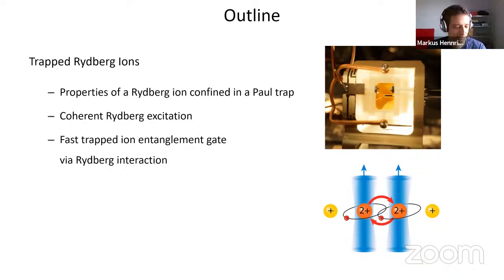I will start with the properties of such Rydberg ions that are confined in a Paul trap. I will then talk about some quantum operations via the Rydberg excitation. One part is the coherent Rydberg excitation to high-lying Rydberg states. And then the second part will be on a trapped ion entanglement gate via Rydberg interaction.